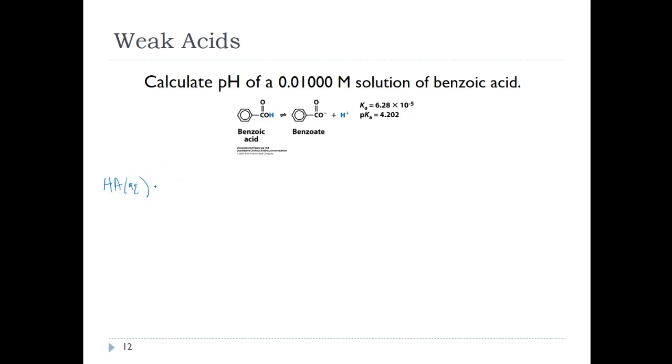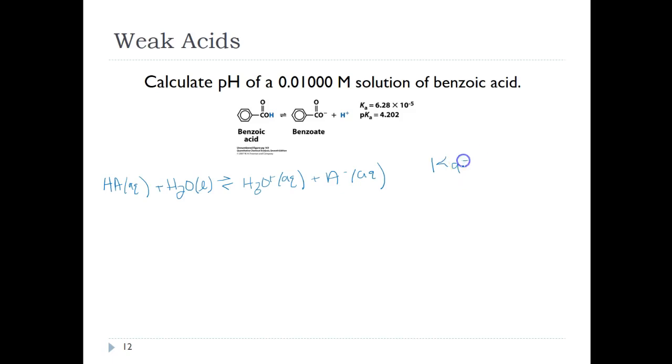Like I said, HA can represent any weak acid. Add water. Equilibrium with H3O plus and A minus.